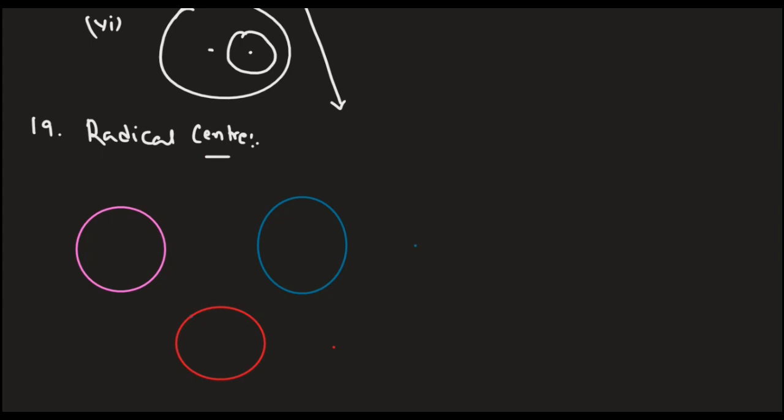If there are three circles and I take any two at a time, then I get their radical axis. So the radical axis for the first two will be here. The radical axis for the first and third will be this one, and the radical axis for the third and second will be this one.